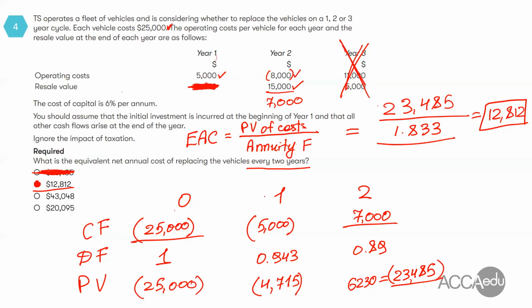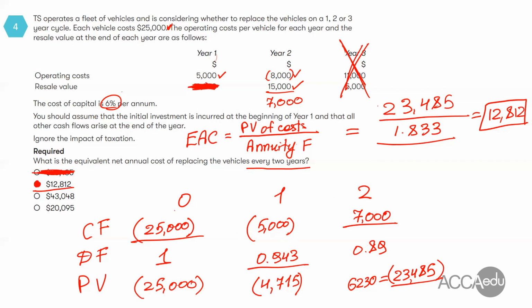In year 1, we are not replacing it, but we need to pay this operating cost. We need to run it. So 5,000 cost in brackets, and the discount factor for 6% in year 1 is as follows. And in year 2, as you can see, I haven't used 8,000 or 15,000. I used 7,000. How?